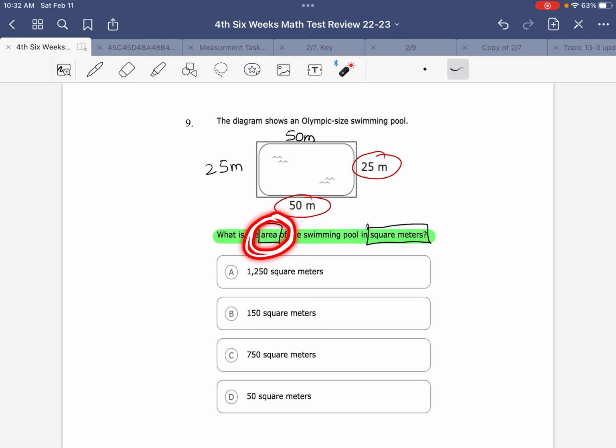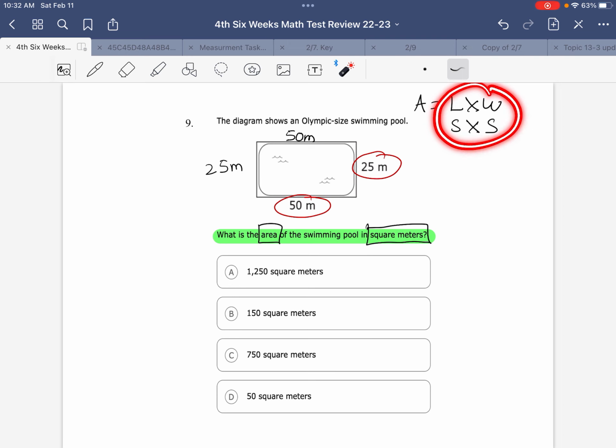Again, when you take your test, you will have a reference sheet of the formula for perimeter and area. The formula for area is area equals length times width, or you can say side times side. They are both the same, okay? So side times side just means that I'm going to be multiplying 50 times 25, okay?